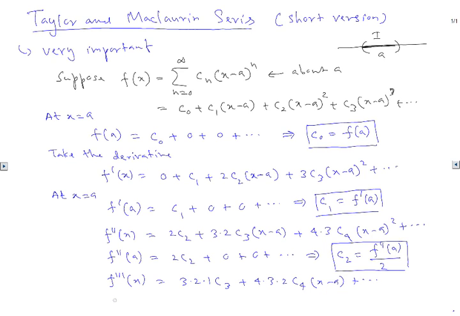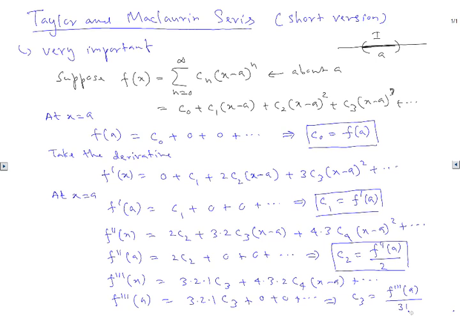Again, when you plug in a, except the first term, everything else gets cancelled. So c3 equals the third derivative of f evaluated at a divided by 3 times 2 times 1, that means 3 factorial.